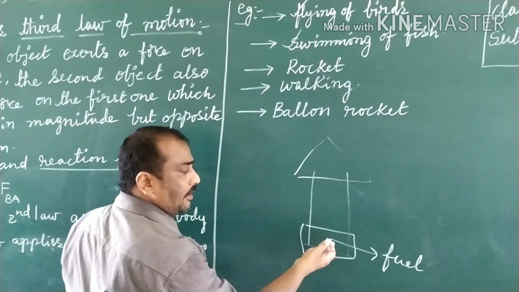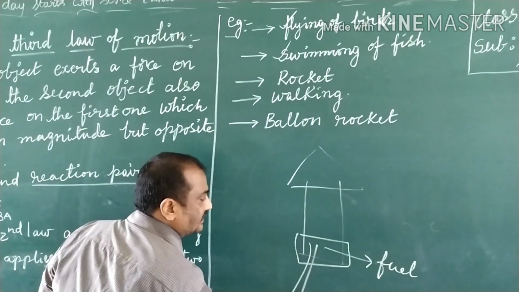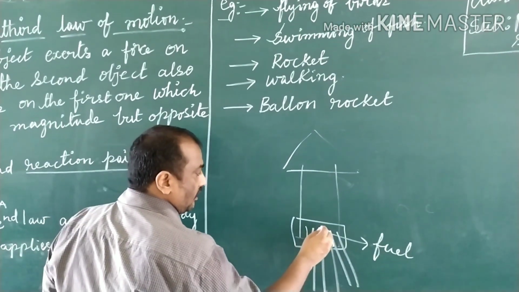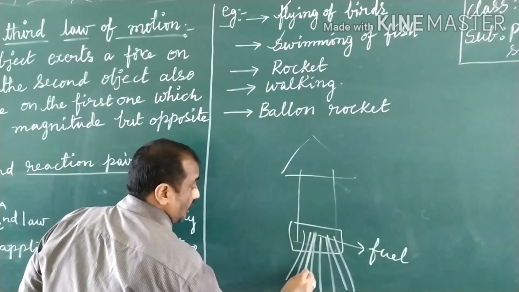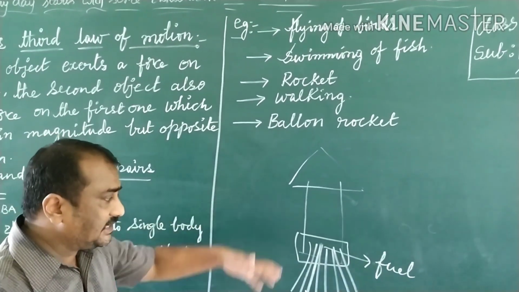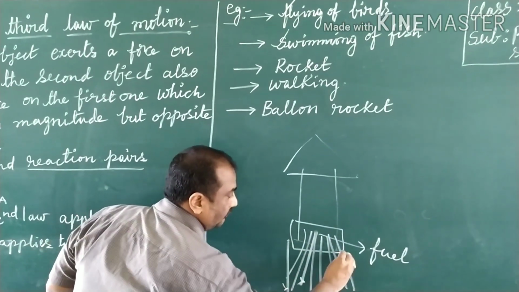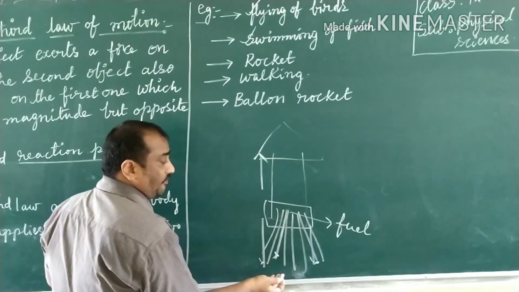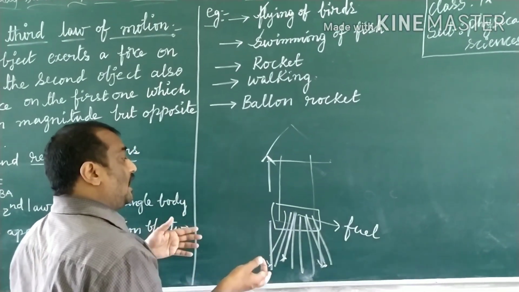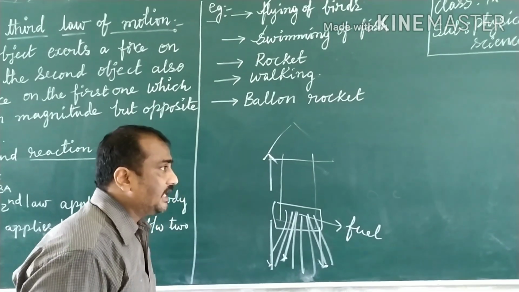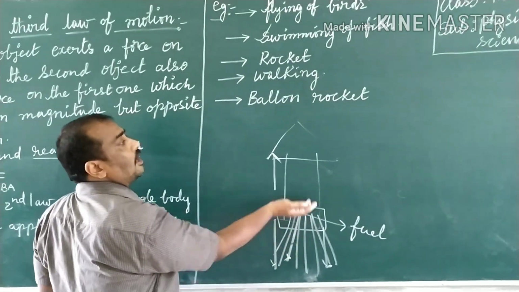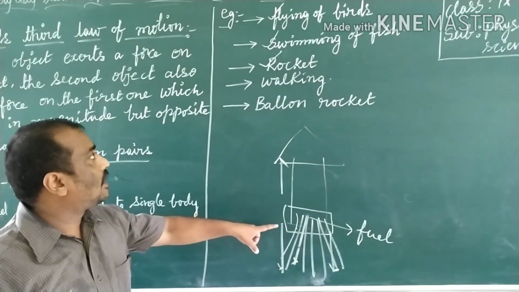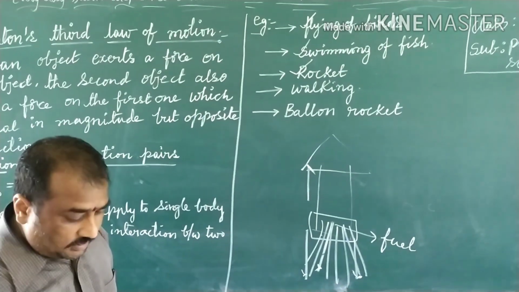Because of the reaction between the fuel and oxygen, it expels fumes and flame. The expelling of gas downward is the action, and with the same effect the rocket moves upwards. That means whenever gases are expelled in the downward direction, they make the rocket move in the upward direction. So the working of a rocket is also based upon Newton's third law of motion.